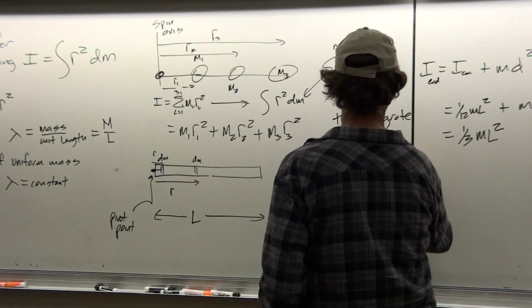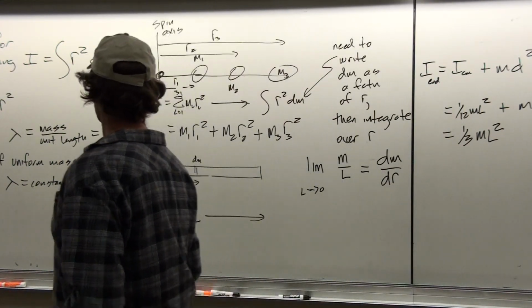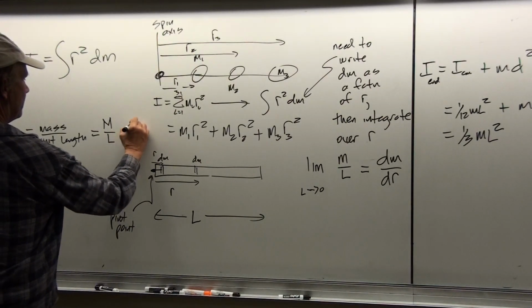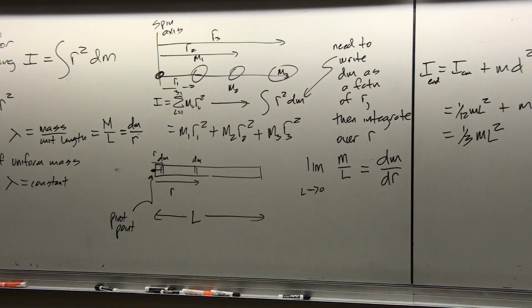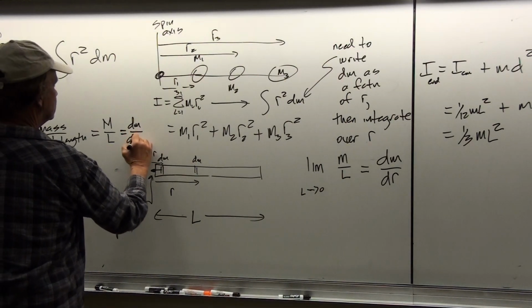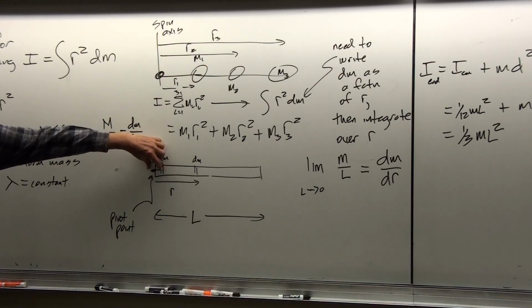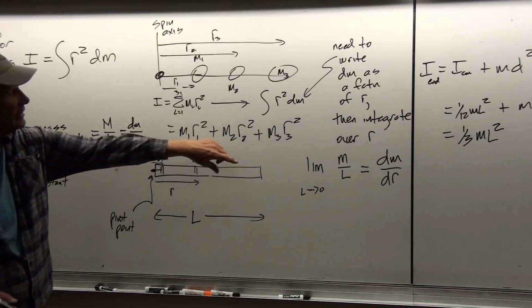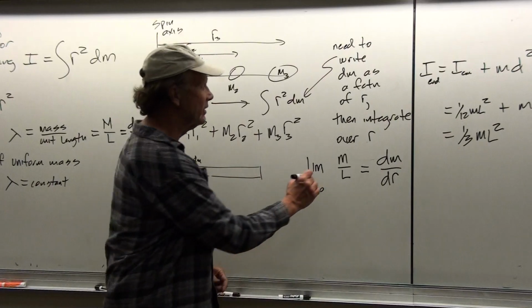is just dm dl, or in this case, L is in the r direction. So I write that as dm dr. The derivative of mass with respect to length, or radius, is equal to the total mass divided by the total length, because the ratio, as we go to smaller and smaller mass elements until we take the limit as the length of that particular segment goes to 0, we call it delta L here.